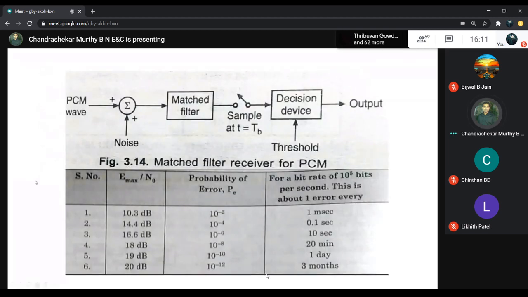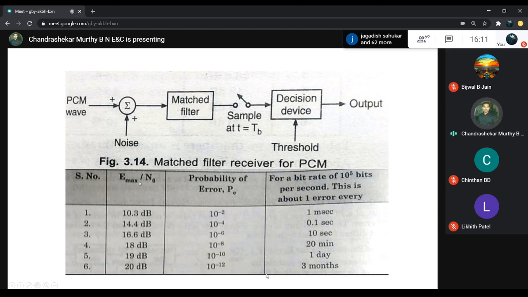Here we are taking white Gaussian noise in this system. This is the probability of error, and the error threshold we can calculate here, up to 20 dB.